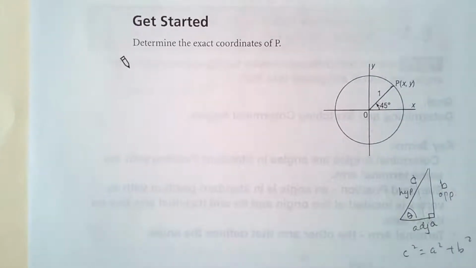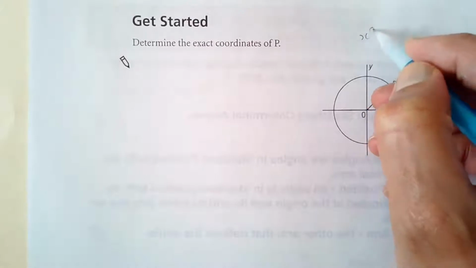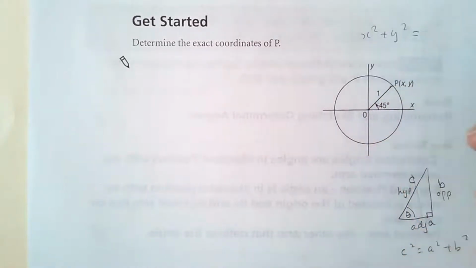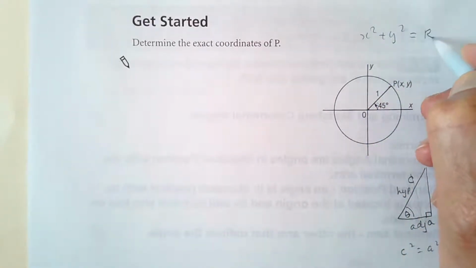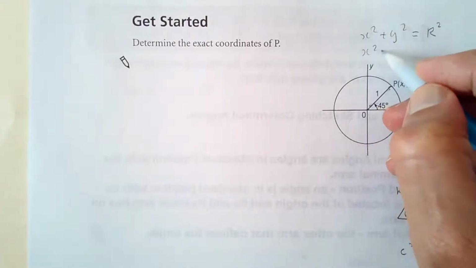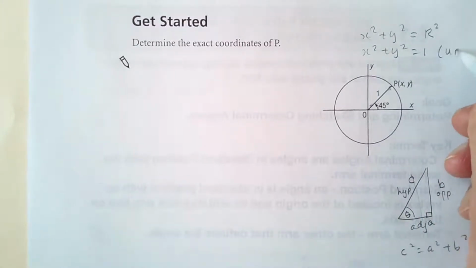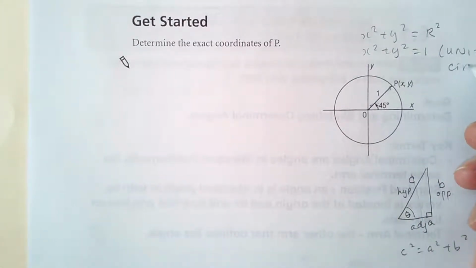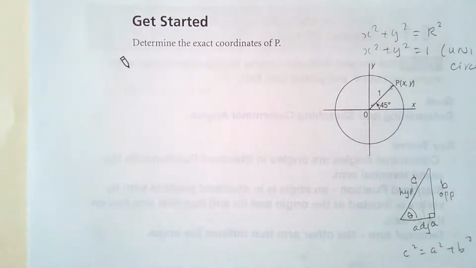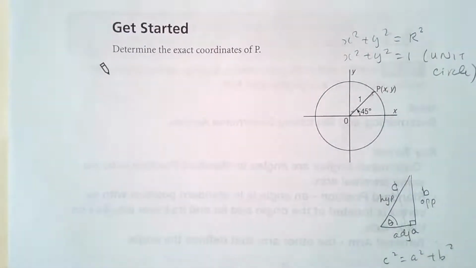Normally we call it a unit circle because the equation of a circle, which we'll find later, is x squared plus y squared equals the radius squared. But if we make the radius 1, it is x squared plus y squared equals 1. So this is what we call a unit circle. We'll go into details later in our next lesson.